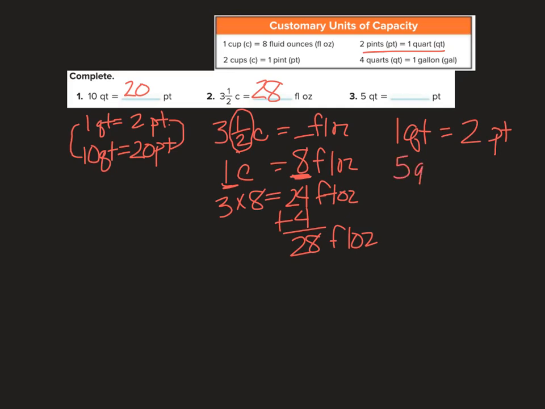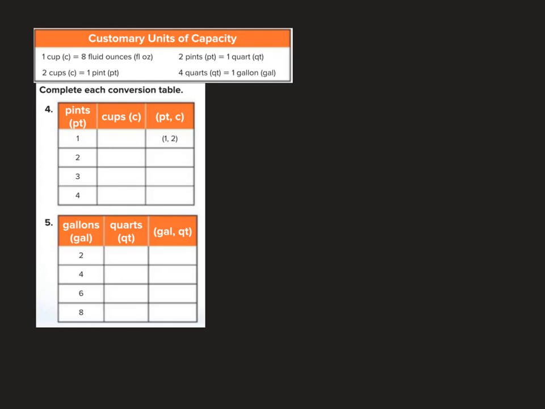So 5 times 2 is 10 pints. Now, 1 pint equals 2 cups, so 1 comma 2. 2 pints is 2 times 2 or 4 cups, so 2 comma 4. 3 pints is 3 times 2 or 6, 3 comma 6. And 4 pints is 4 times 2 or 8, 4 comma 8.